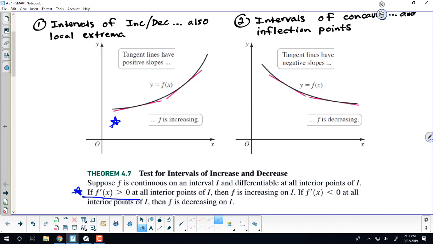Similar thing, if the first derivative is negative, the slopes of the tangent line are all negative, then the function itself, f of x, is decreasing. So we can use the fact of what the slopes are doing to tell whether or not the function is increasing or decreasing. Does that make sense? Hopefully, at least visually, we can solidify that without describing this theorem in detail.